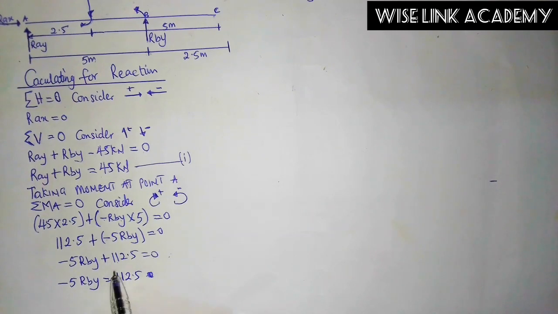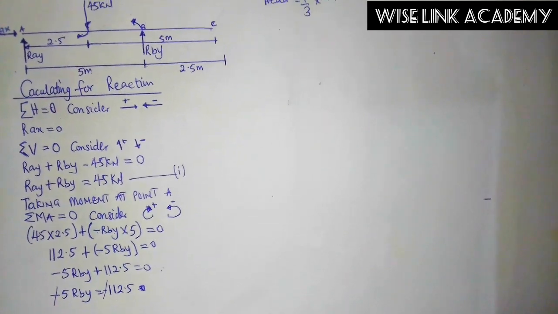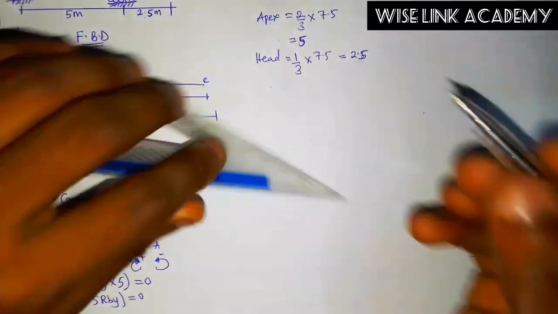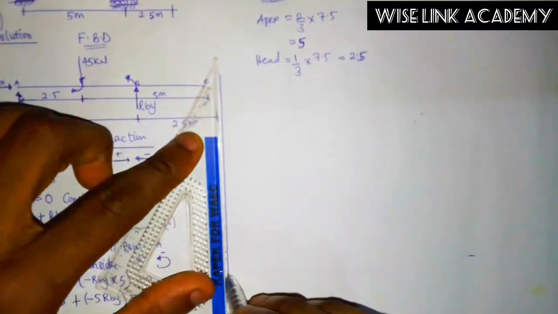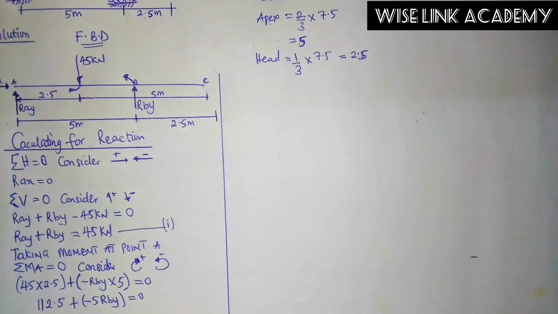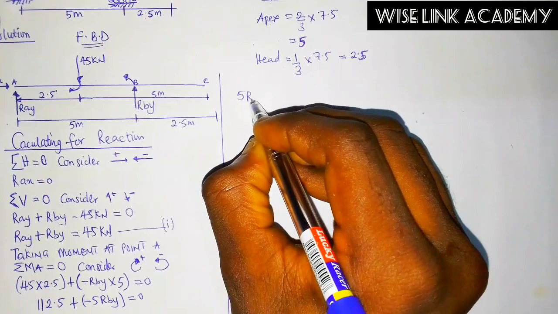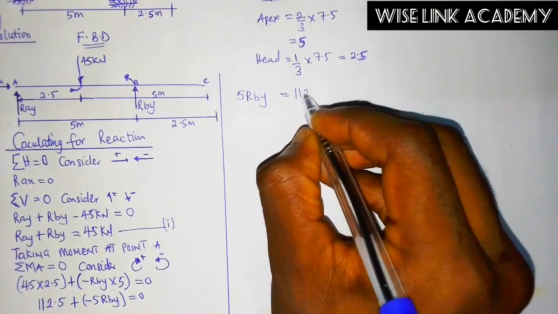So minus cancels out minus mathematically. So let's proceed. We are left with 5 RBY is equals to 112.5.